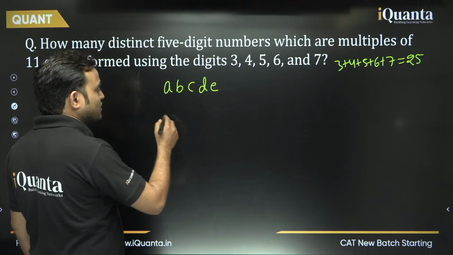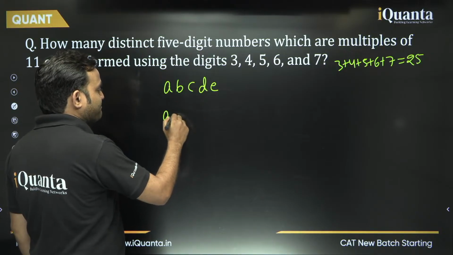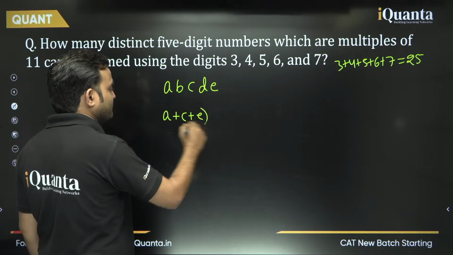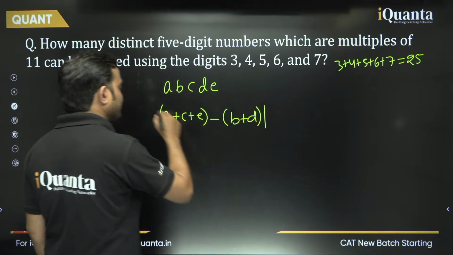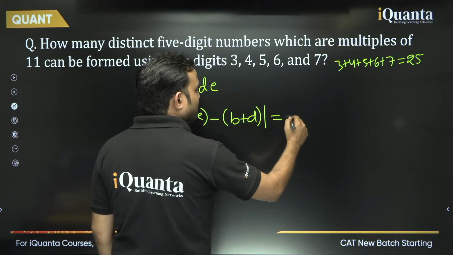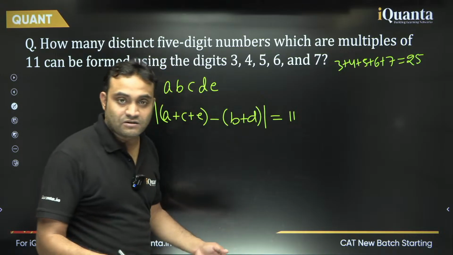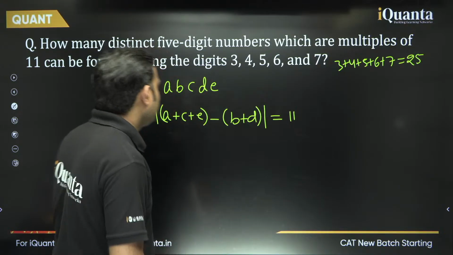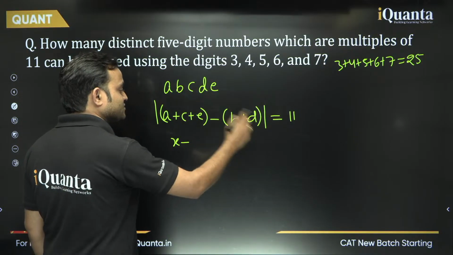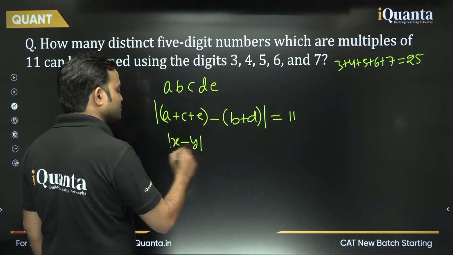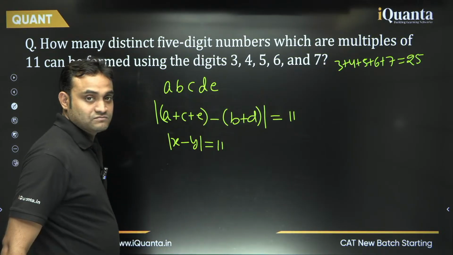Now in that case, what we can say is that the mod of a plus c plus e minus b plus d must be a multiple of 11 or 22. So if I take this value as x, and this value as y, mod of x minus y should be equal to 11, right?